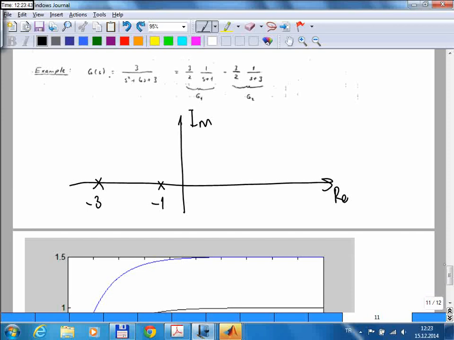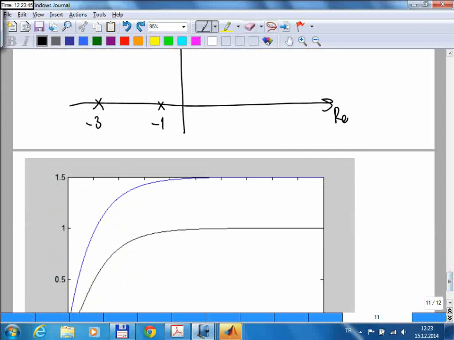And the general conclusion is the following: if you have two poles on the left half plane, they will both be converging at different rates though. So this will be converging more slowly than this one. If you have an additional pole here, then it will converge as well, but at a different rate.